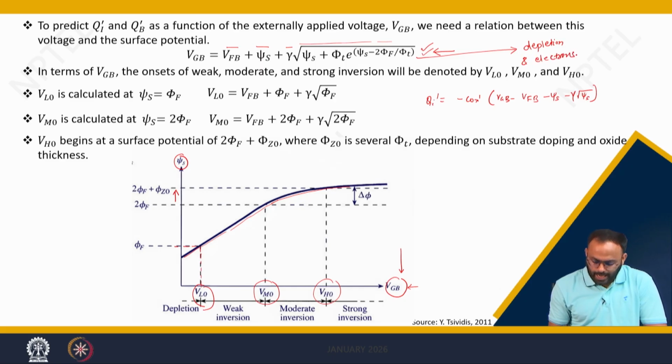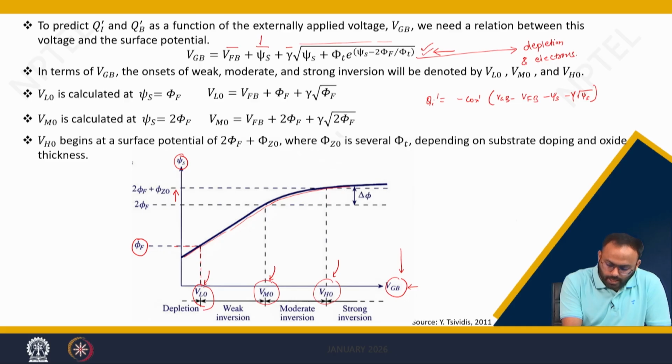Now can we calculate this value VLO and VMO or VHO? For VLO the surface potential is phi f. So I will go back here and put the surface potential as phi f. So V flat band voltage plus phi f plus gamma times this, where this becomes e to the power of minus phi f over phi t, which is a very small quantity.